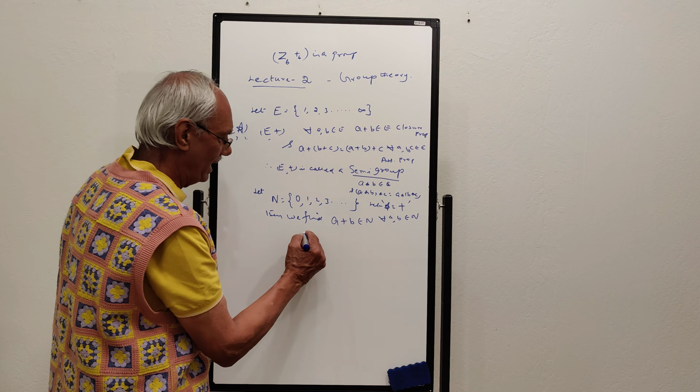Closure property is satisfied, associative property is satisfied, and additionally 0 is here: 0 plus a is equal to a, and a plus 0 is equal to a for all a belonging to N. This is nothing but your identity element, the additive identity.